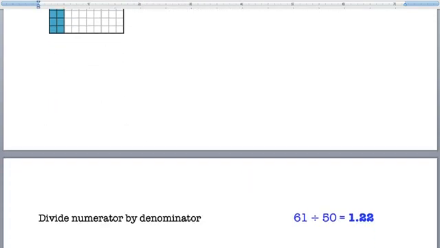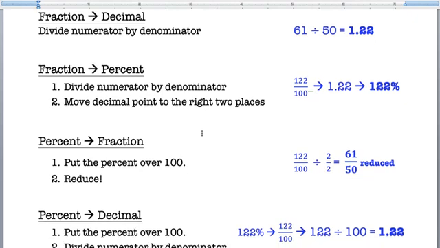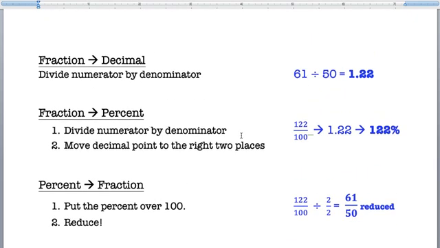Here are some, like a cheat sheet of how you can do that between specific fractions, decimals, percents, fractions, all that. So to convert from a fraction to a decimal, remember we just divide the numerator by the denominator.